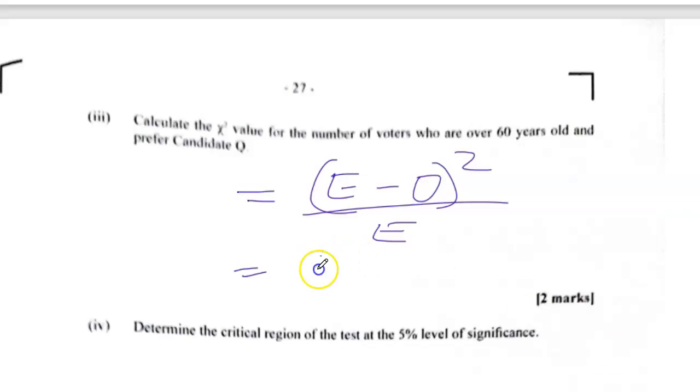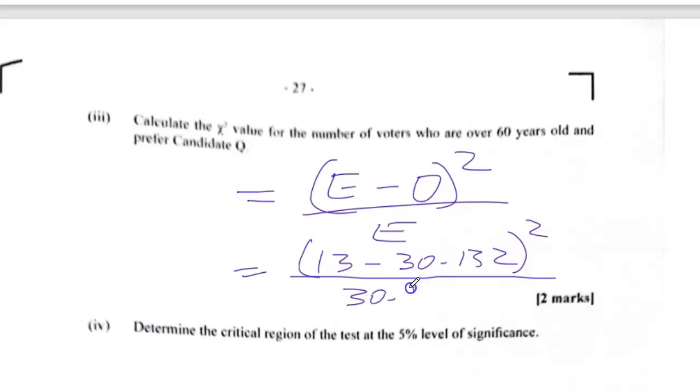So 13 minus 30.132 all squared over the expected, which is 30.132. So that gives us 9.74.